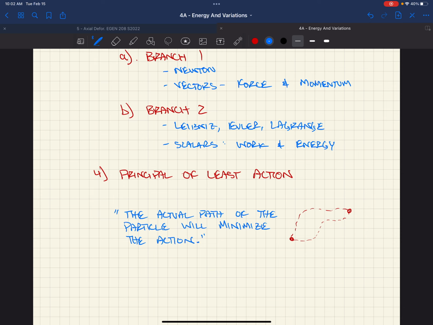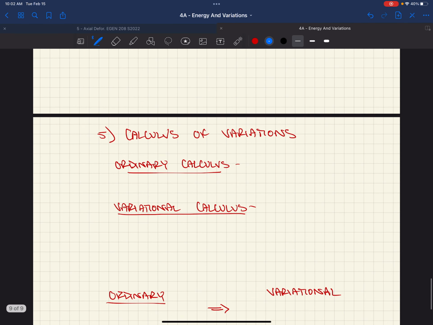Path of least resistance, if you will. We need to use that, and we will continue to use that. So we have this calculus of variations. We have ordinary calculus that we're all used to, where it gives us this means of how to minimize a function.